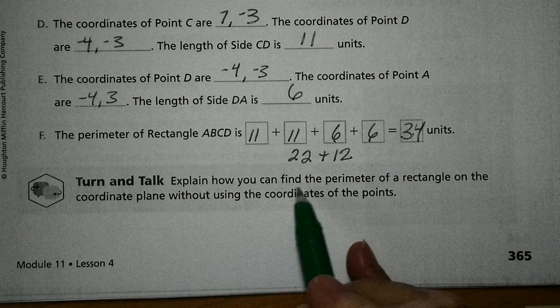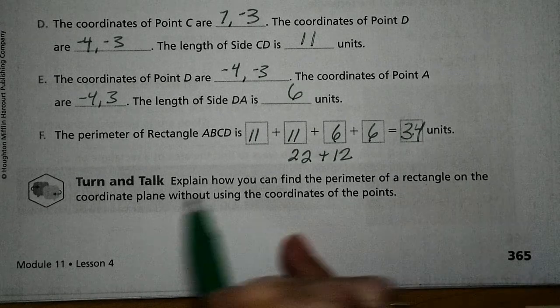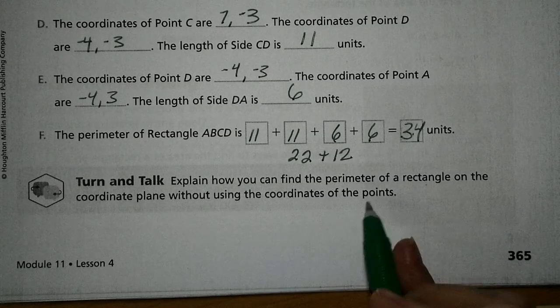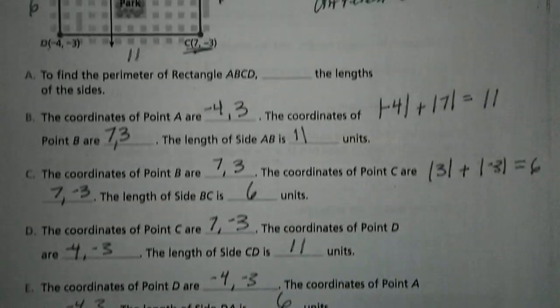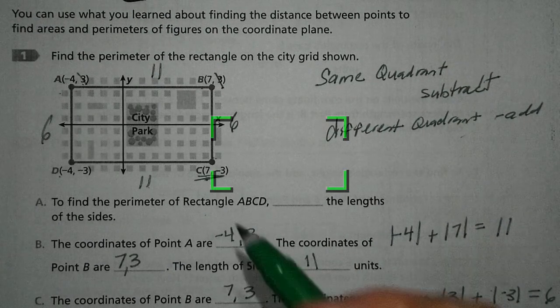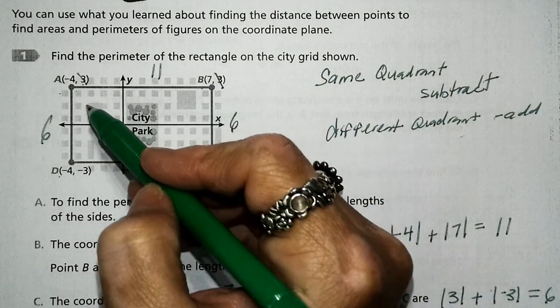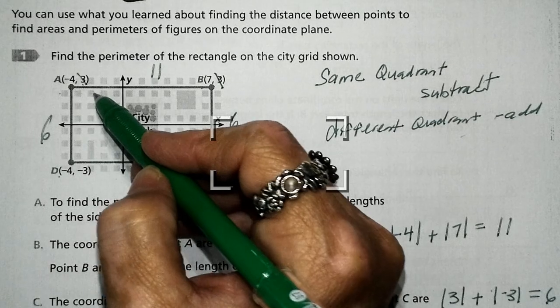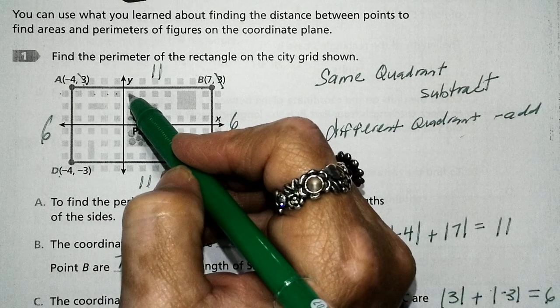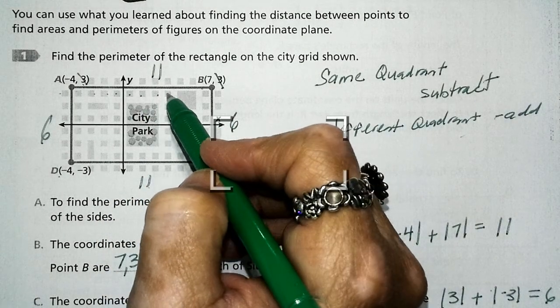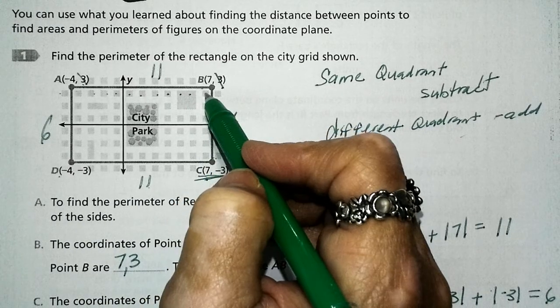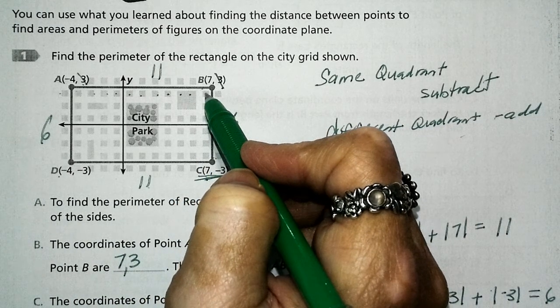It says, explain how you can find the perimeter of a rectangle on the coordinate plane without using the coordinate points. So if I go back up here, what else could I do? What else you could do is go from A, 1, 2, 3, 4, 5, 6, 7, 8, 9, 10, 11 blocks.